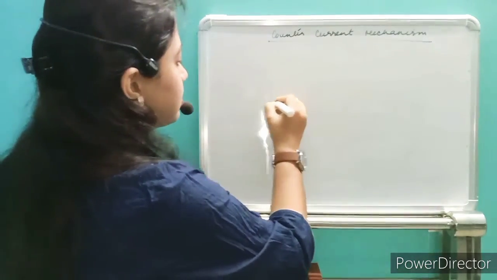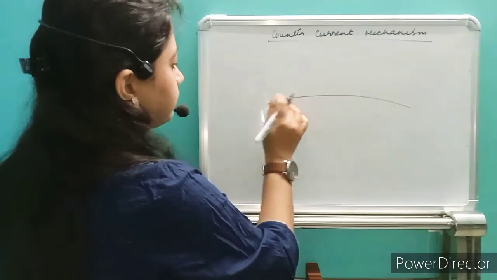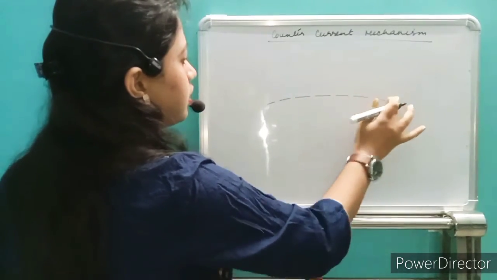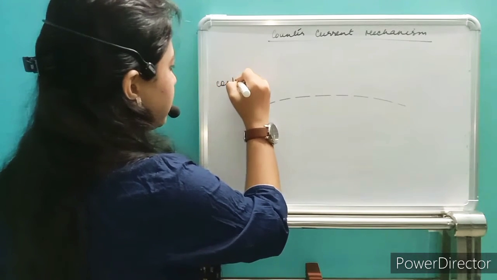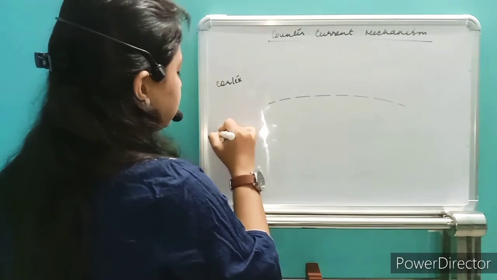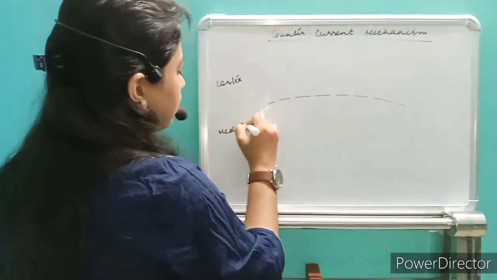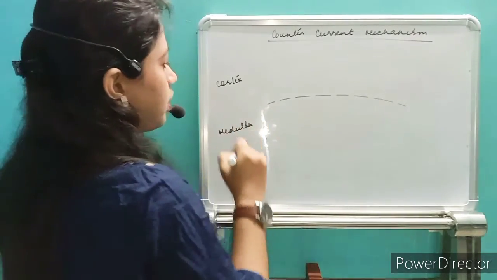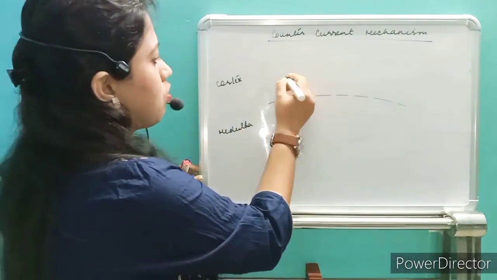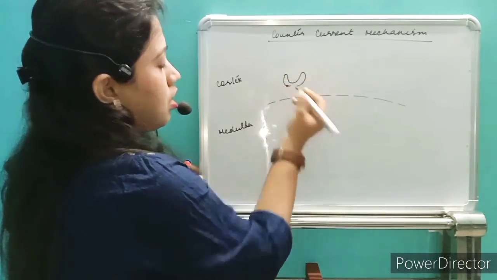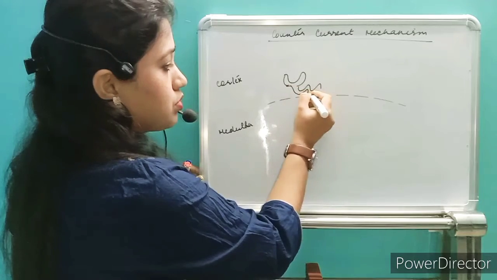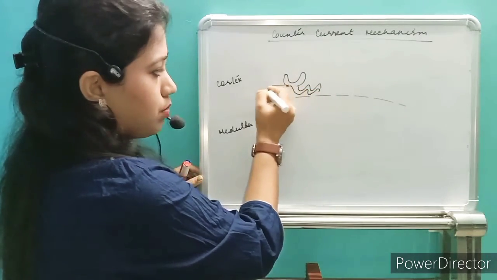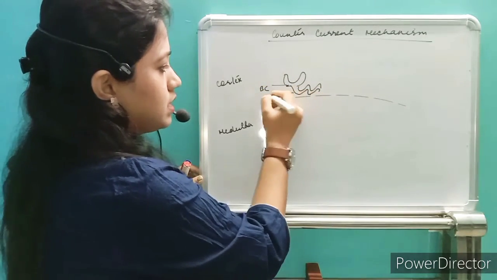So what do we see? First of all, suppose we'll draw a line. Here I have told already, this is the nephron. This part is the cortex and this is the medulla. In the cortex, what part of the nephron is present? It is the glomerulus, then the Bowman's capsule, and this is the PCT.